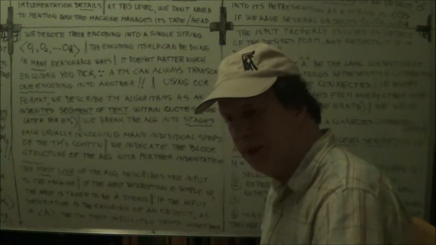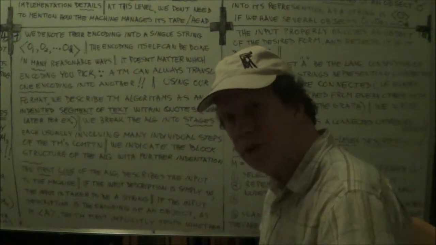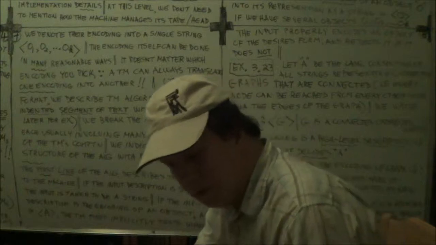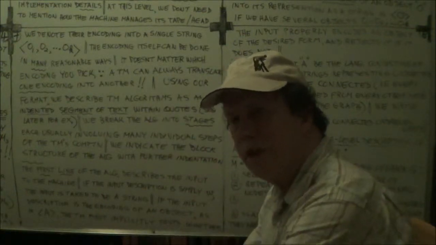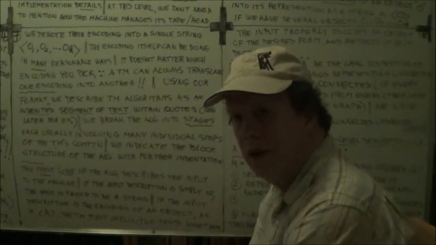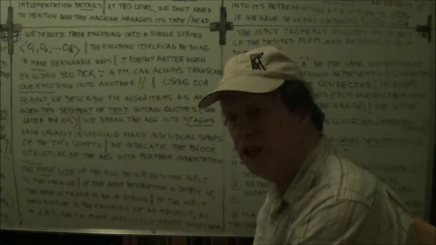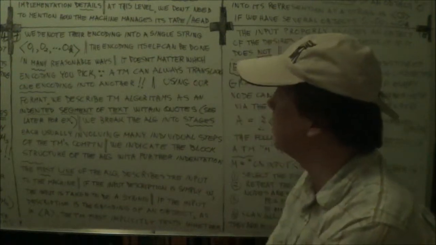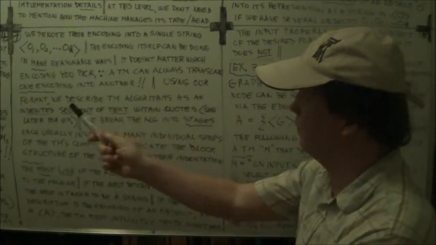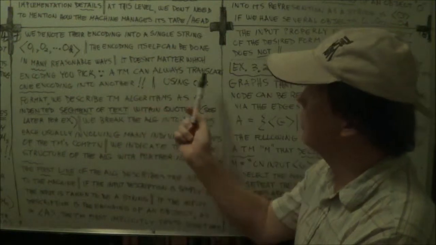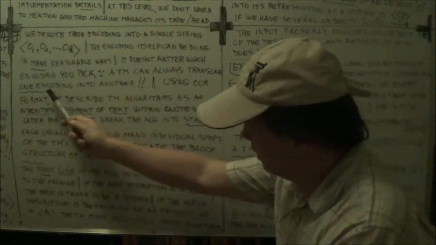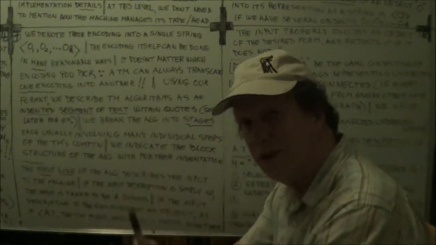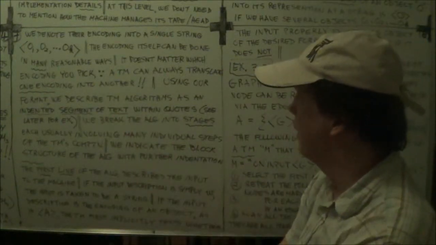So your Turing machine can adapt to your method of encoding. And a Turing machine can always translate one encoding into another one if necessary. So that's what I'm saying here.